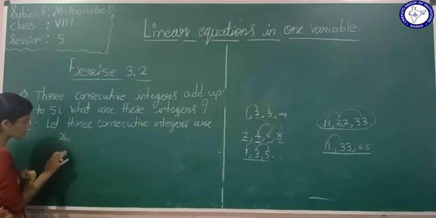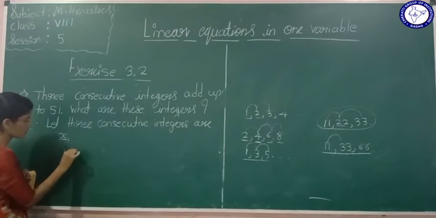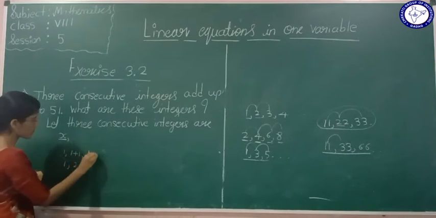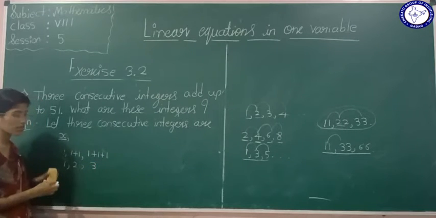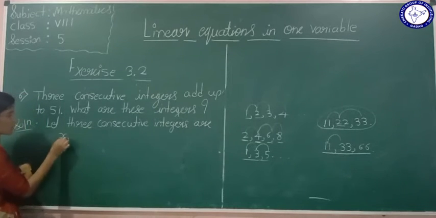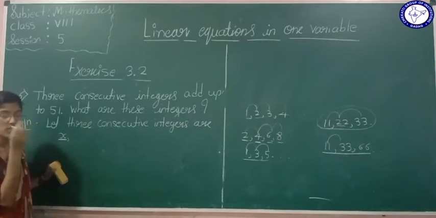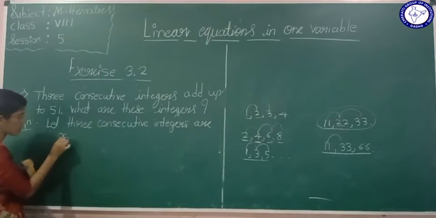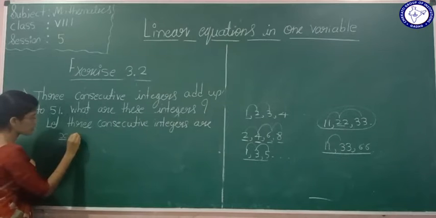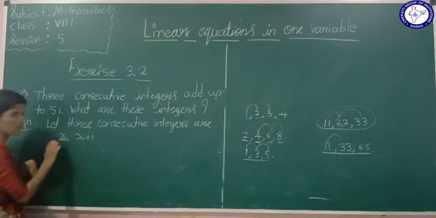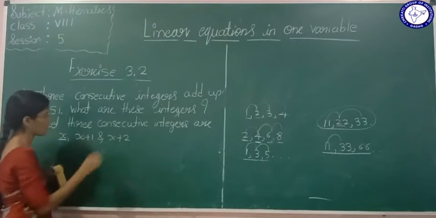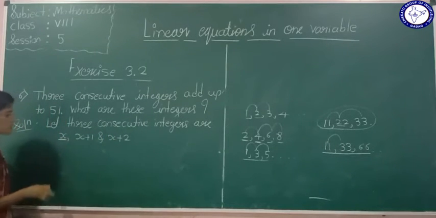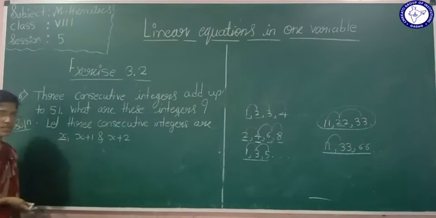So what is the next integer? 1 plus 1, it will be 2. Yes or no? After this, 1 plus 1 plus 1, it will be 3. But we don't know which integer I should take here. That's why we took x. The next integer will be x plus 1. After this it will be x plus 2. Okay, let the 3 consecutive integers be x, x plus 1 and x plus 2.